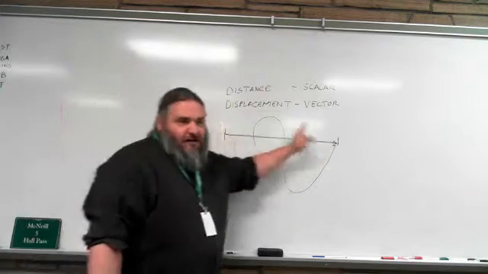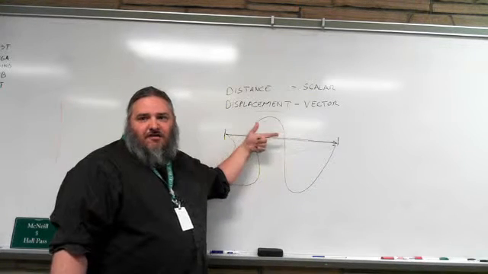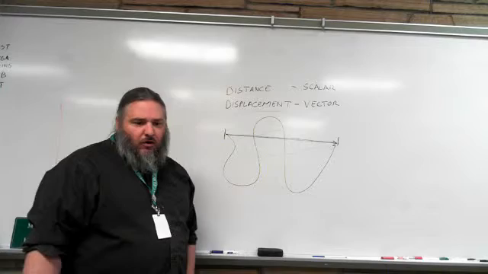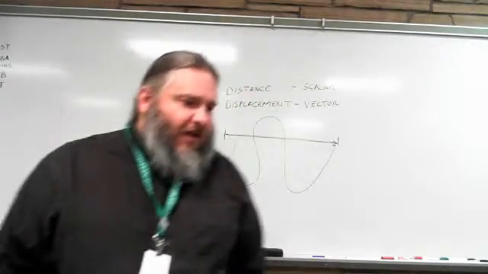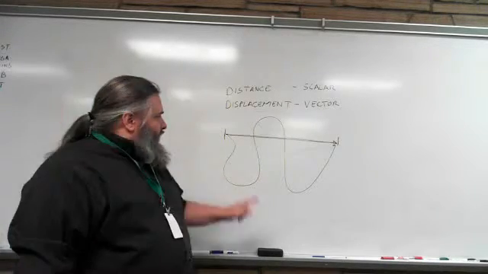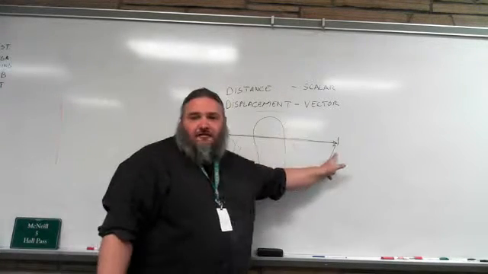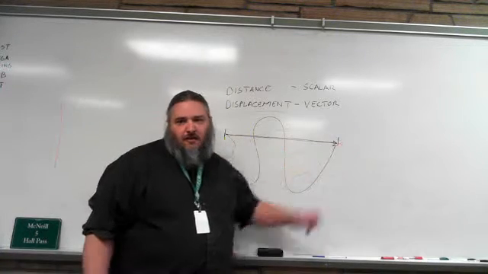Displacement is that difference between those 2 points and the direction that it takes to get to those 2 points. Cool? I'll give you guys a few moments to make sure you got that written down. Yes, not only is it the difference, but the direction it would take to go from initial to final.